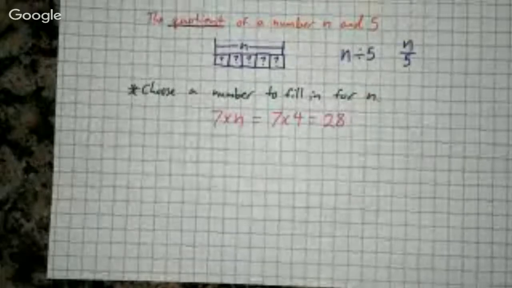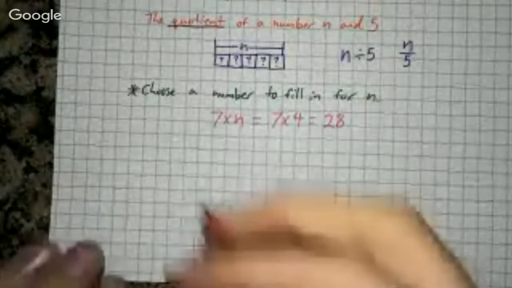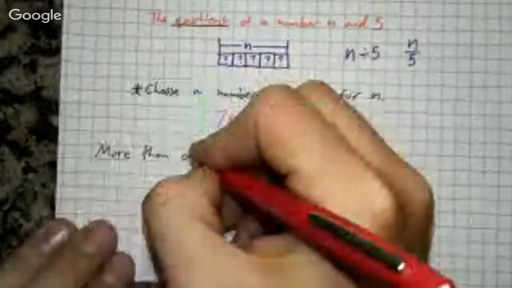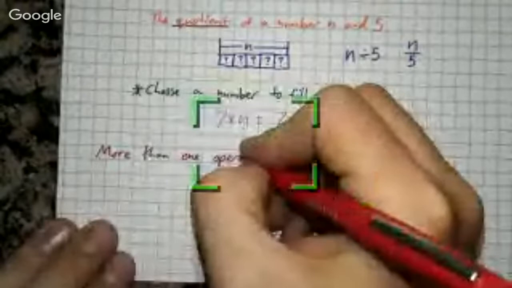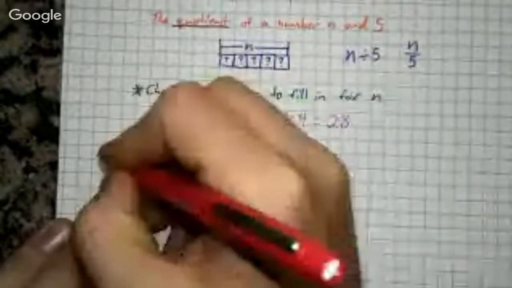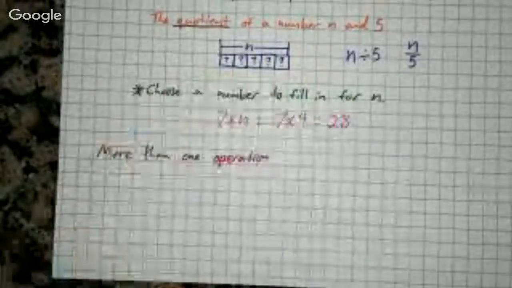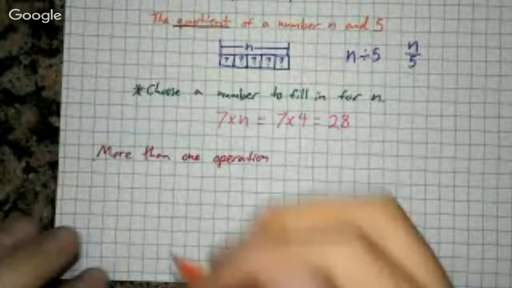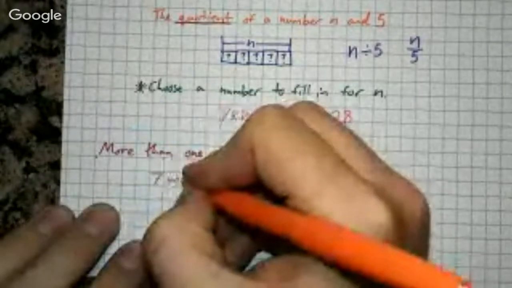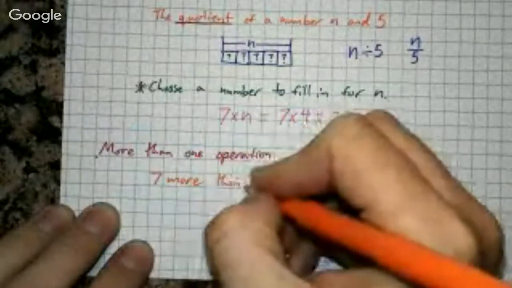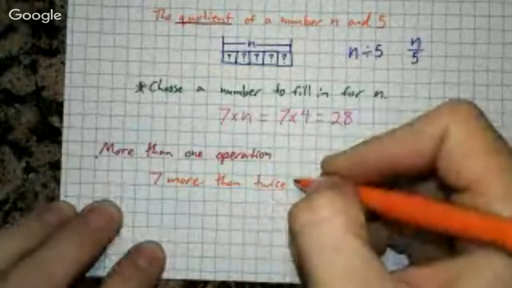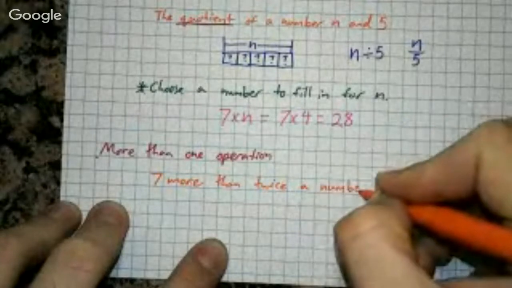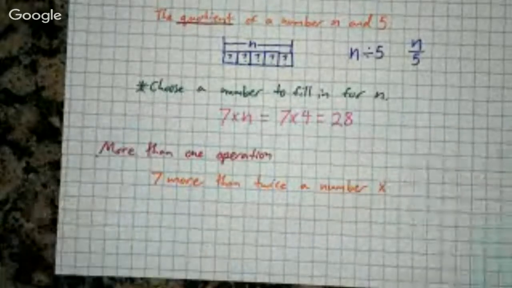But now, what if we have more than one operation? So let's say this time it said 7 more than twice a number x.